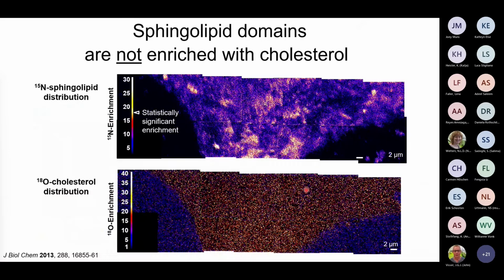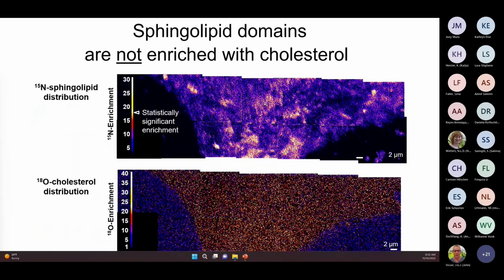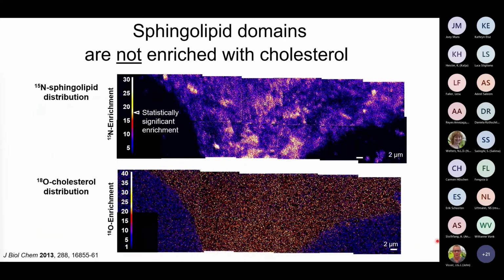So this region here, this is our cell. We do have overall enrichment of O18 on the cell, meaning we do have O18 labeled cholesterol in the membrane. But the speckling here is due to just Poisson statistics of detection. It is not locally elevated.